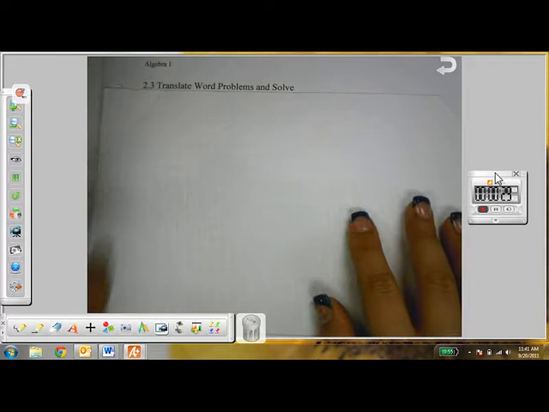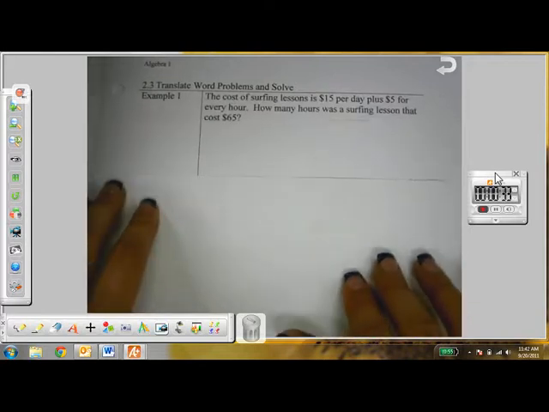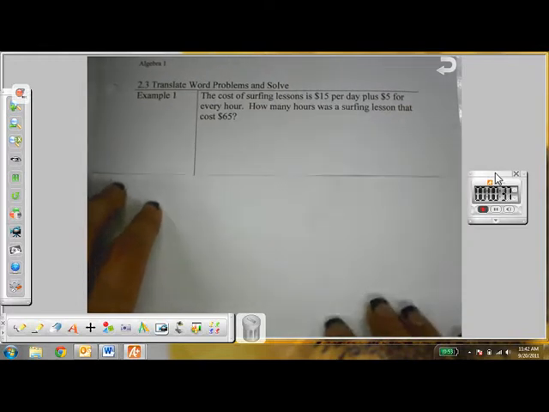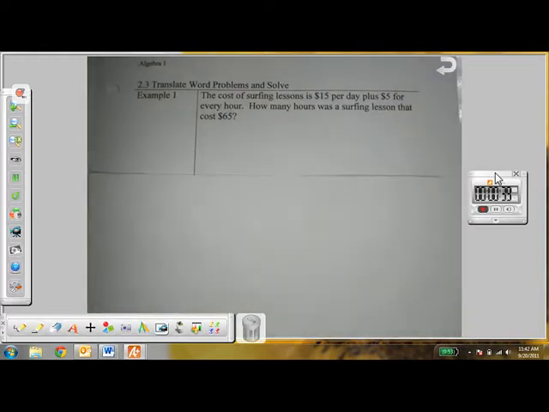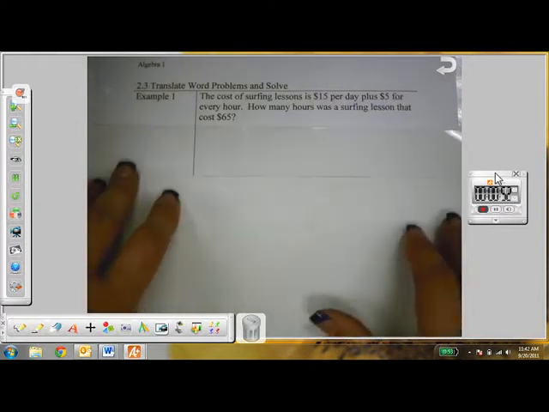It's purely examples today. So example 1. I do want you to write it so that you know what the problem is when you go back in your notes. Today we are surfing, and the cost of surfing lessons is $15 per day plus $5 for every hour.